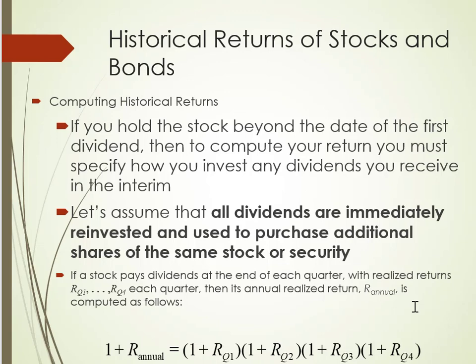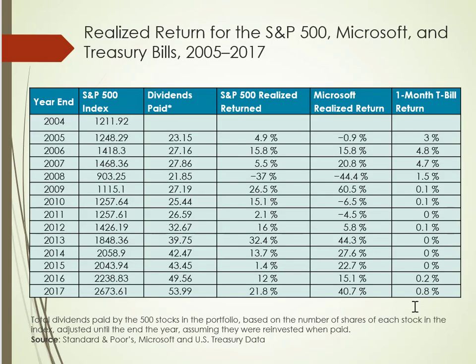Just to take a step forward and look at some numbers, I think will make this a little bit easier to understand. So here we have 3 investments. You can invest in the S&P 500 index. There are dividends that are paid to that index.